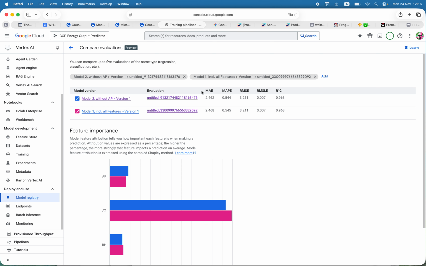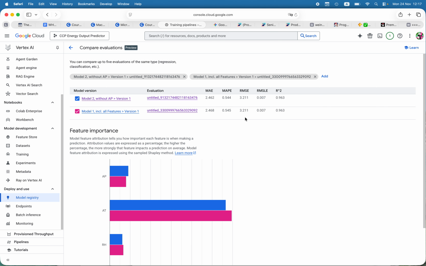The mean absolute error, MAE, was only 2.462 megawatts. This small error shows that the predictions are very close to reality. Also to be mentioned that the root mean squared error for both models is the same.